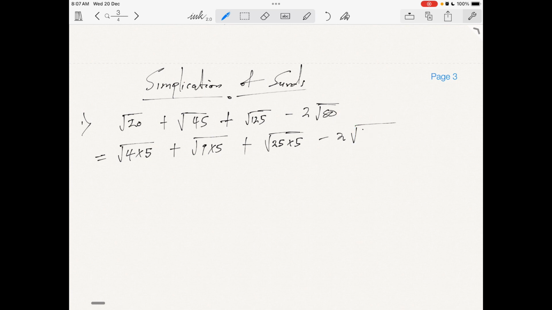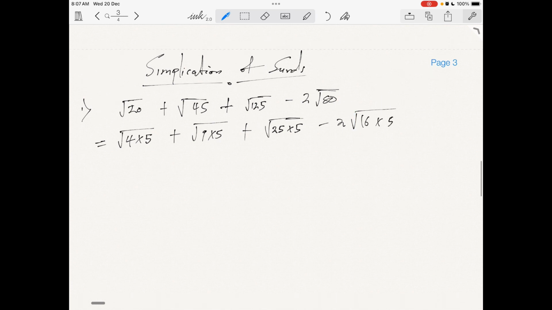So that will be 16 multiplied by 5, because we are leaving them all in terms of root 5. So the first thing we need to know is what will be our common surd amongst all. Sometimes we might notice that it is always in terms of root 5 or always in terms of root 2, or even a combination of the two.